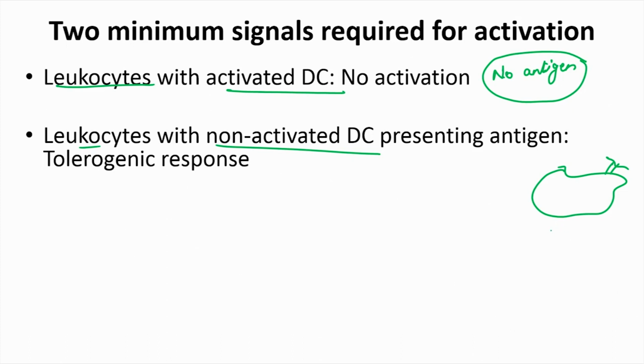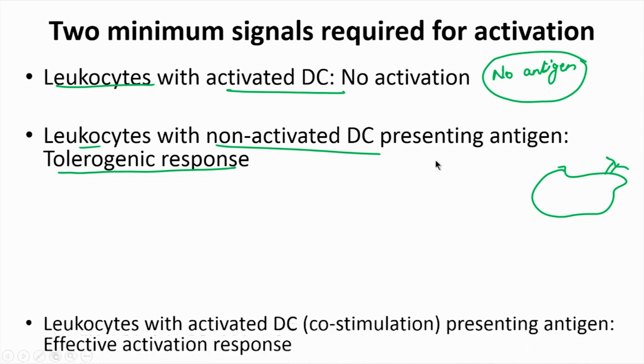It is not going to give any signal, and in fact what will happen is that it is going to cause a tolerogenic response, which means that whatever leukocytes come in are going to become tolerogenic to that antigen, because there is no activation. That means the antigen has to be self, because non-self antigen would cause activation to happen, and so that is why it results in a tolerogenic response.